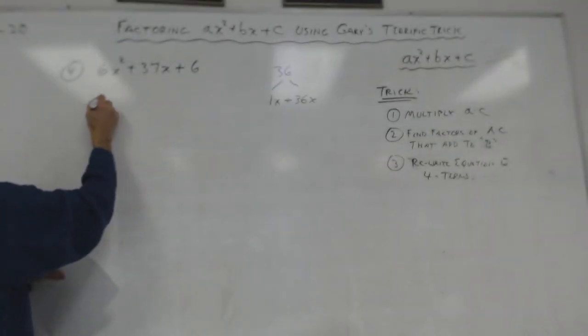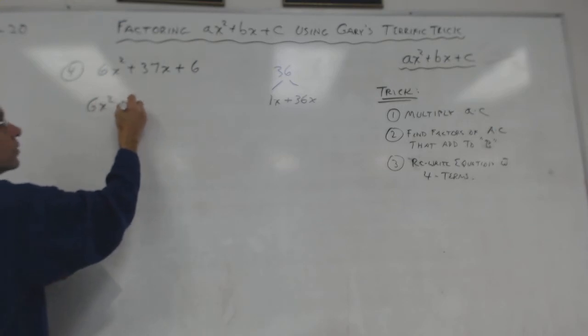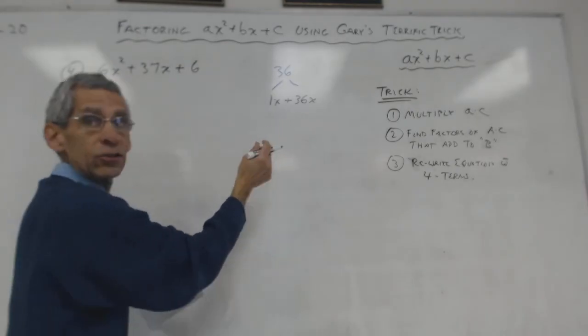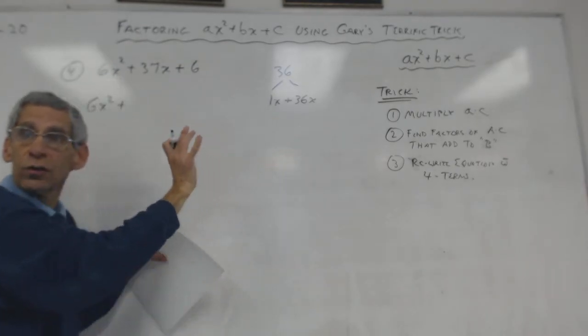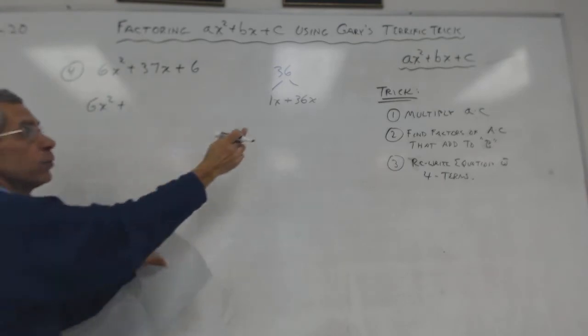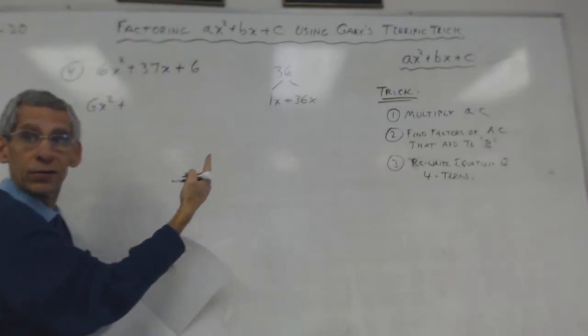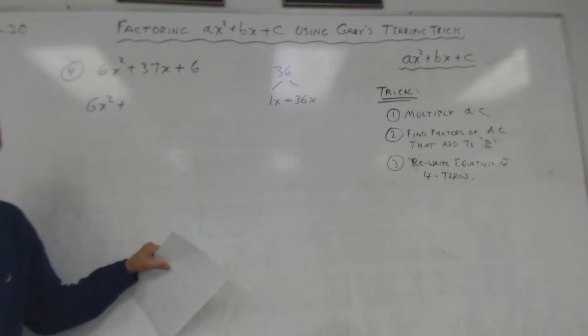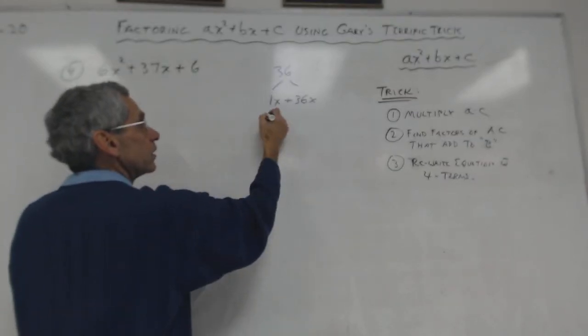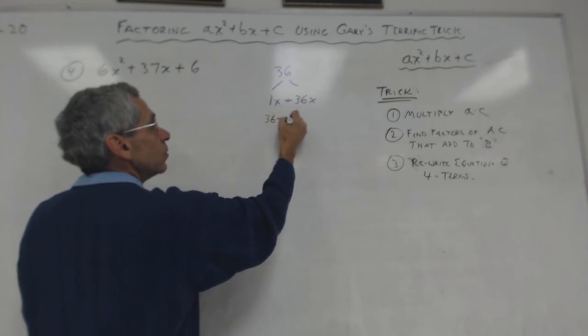So now I'm going to do this: 6x squared plus, you know what, it's okay to keep that positioning or change it. I could put 36x plus 1x, right? It's totally legal to have either 1x plus 36x or 36x plus 1x.